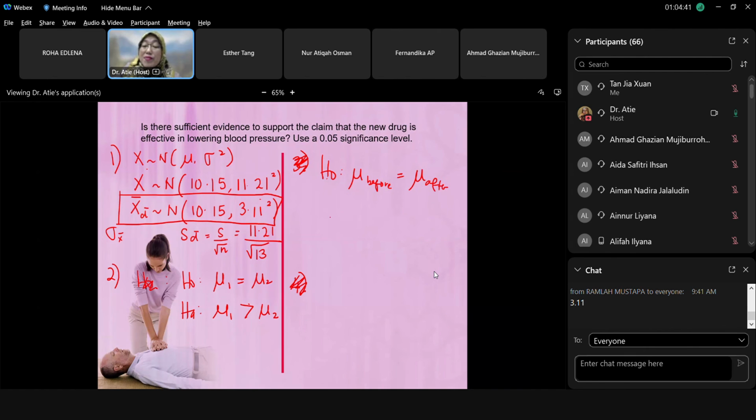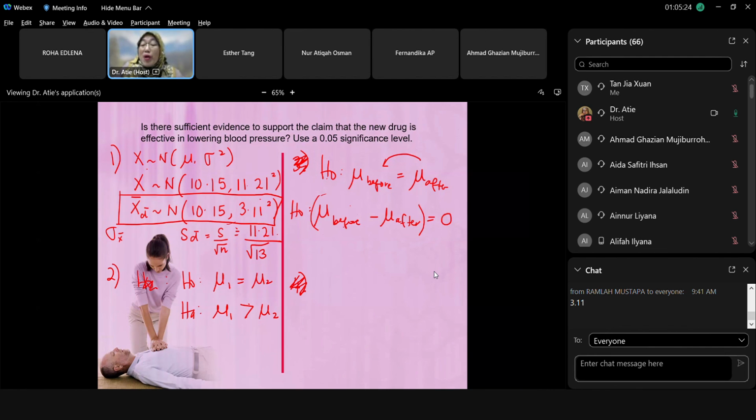Or I can even write it this way: H naught, mean before minus mean after is equal to 0. When I bring this one to the left, the equation will be like this. So how do I read it? The way I first wrote it, mean before equal to mean after, means equal, so no difference. Or I can say the difference, this part right here.